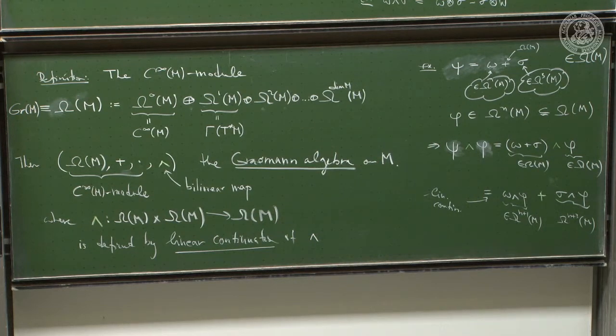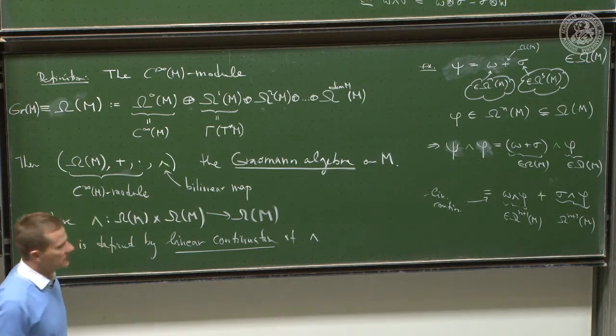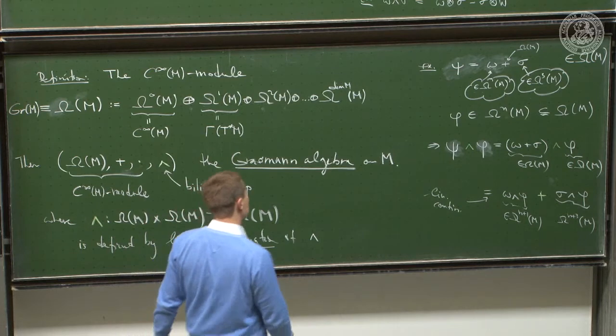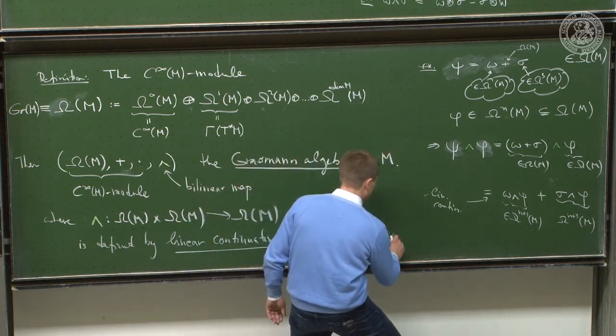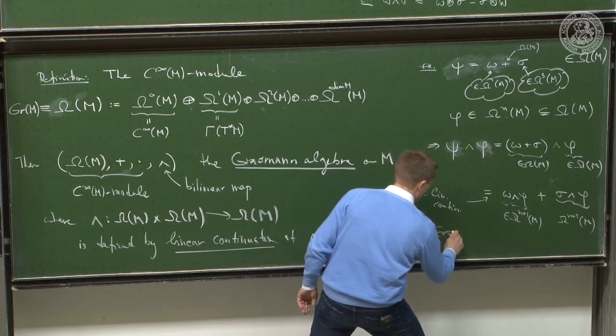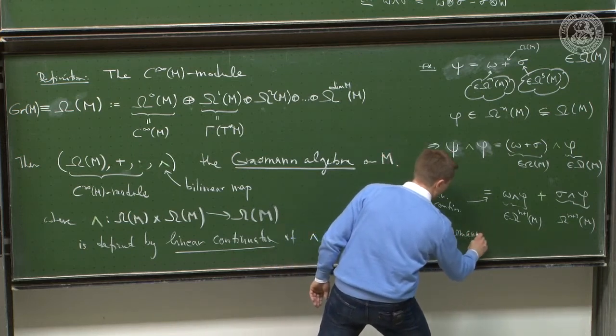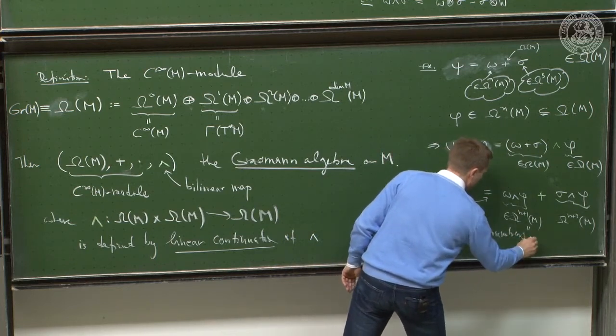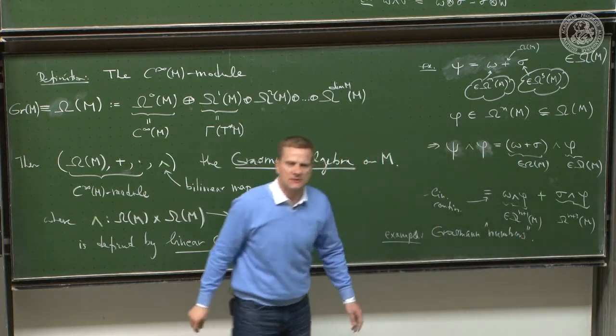Okay. So we have this wedge, and this makes the so-called Grassmann algebra. There is a lot of talk about Grassmann numbers. So, for example, Grassmann numbers, and they're used particularly in supersymmetry.